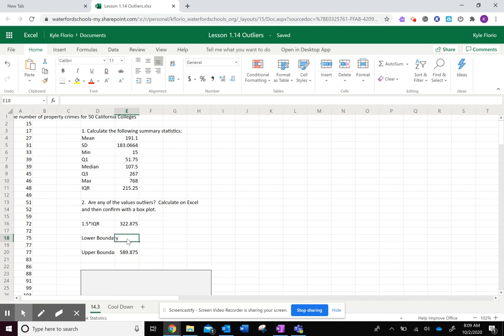The lower bound: anything that's 322 more than Q3 is an outlier, and anything that's 322 less than Q1 is also going to be an outlier, an outlier in the small sense, like it's way too small. So the lower bound is going to be this number right here, Q1, minus 1.5 times the IQR.